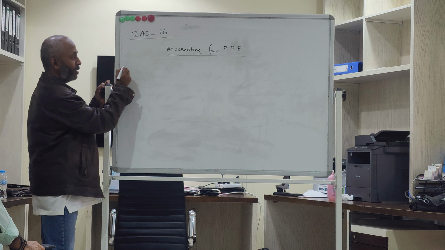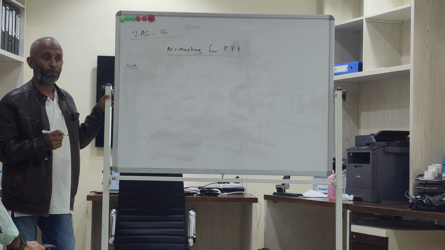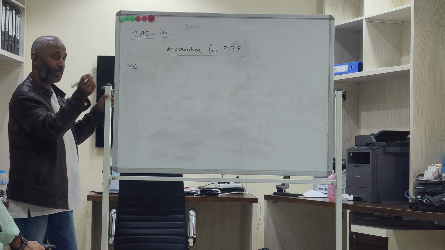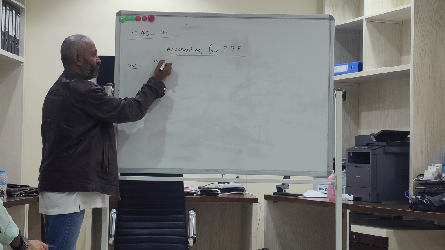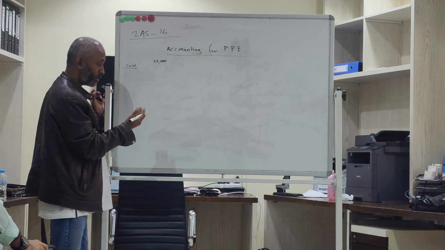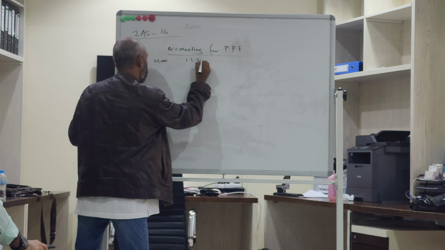First is the cost. What is in the double entry? In that same example, I buy that car for 22,000. The cost in the invoice is 22,000, and I bought it on 1st of January 2022.